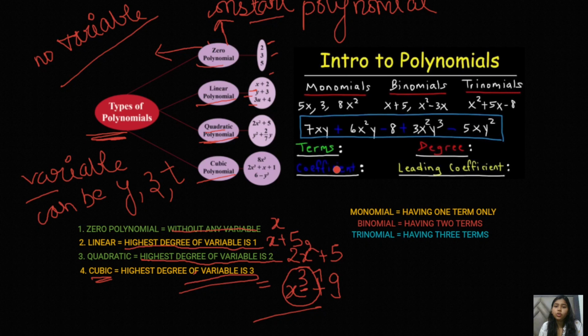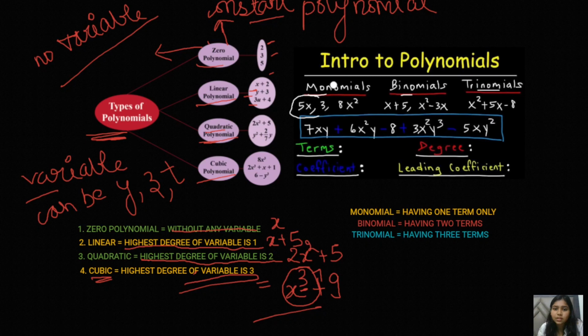Now, introduction to polynomials. So let's just have a look on this too. So polynomials can be monomials, binomials and trinomials. In the case of monomials, only one term is present here. Like you can see 5x, there is no term which is added or subtracted with this 5x.